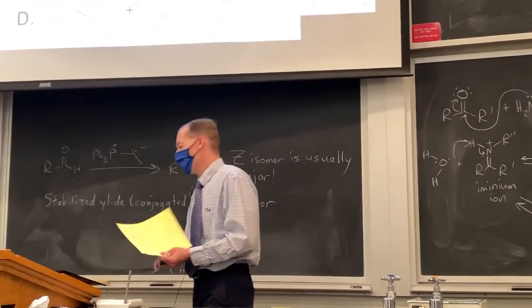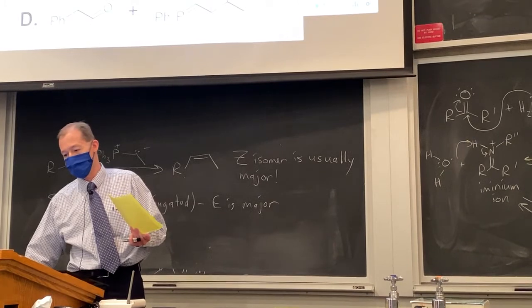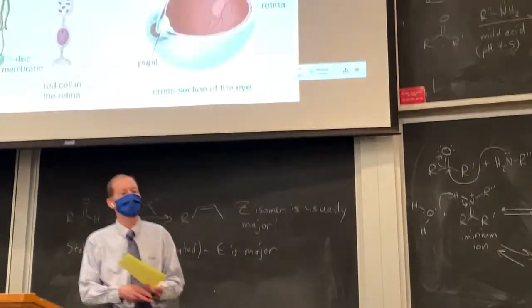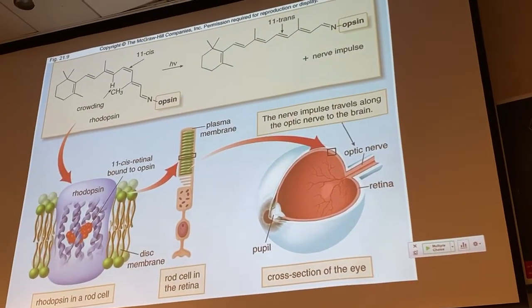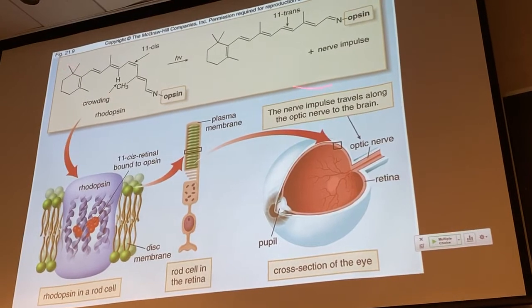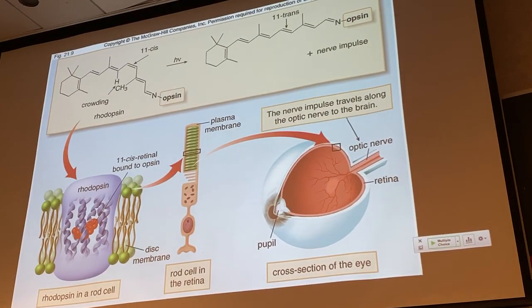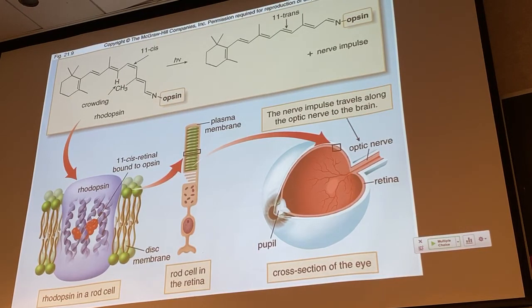So imine formation is important in biochemistry, specifically in the chemistry of vision. In chapter 16, in our recorded lectures at the beginning of the semester, we talked about how rhodopsin, which is formed by the conjugation of retinal with a protein known as opsin, when it absorbs visible light, an electron is promoted from a bonding to an anti-bonding molecular orbital, weakening the pi bonds sufficiently that you're able to break and isomerize that pi bond in the excited state.